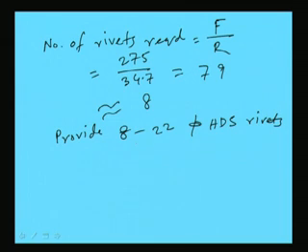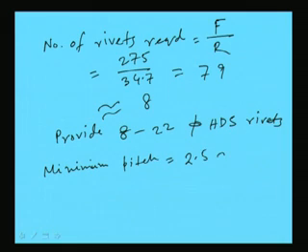Now, we have to know what pitch we will provide. From the codal provision, the minimum pitch will be 2.5 D, that means 2.5 into 22, that is 55 mm.